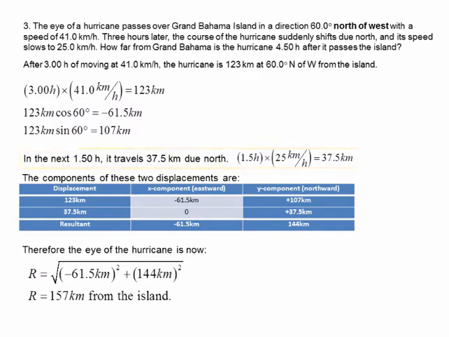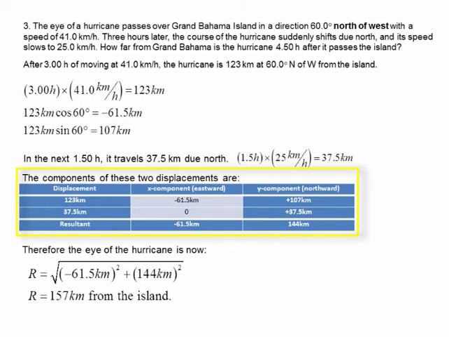So now we gather all of our component terms and put them into a table format to determine what our resultant is, and later the angle. First we put our displacements in a column, 123 kilometers and 37.5 kilometers. In the center portion we have the x component eastward, negative 61.5, and the y component, plus 107.